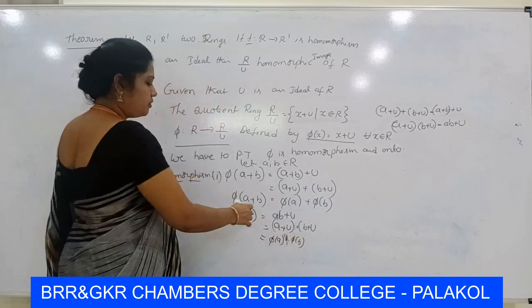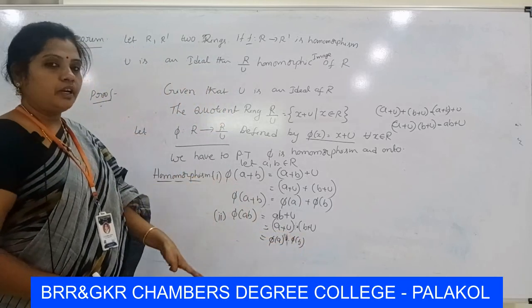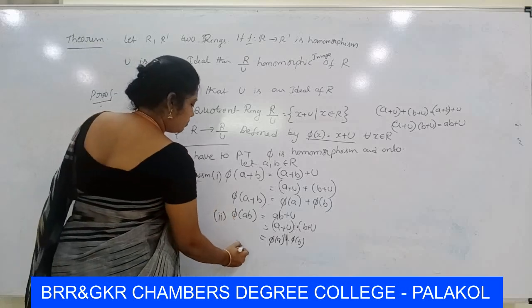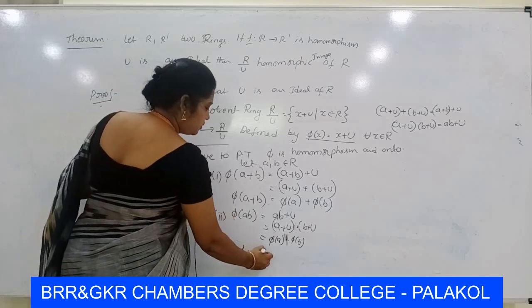So pi of ab is equal to pi of a into pi of b. Therefore pi is a homomorphism.